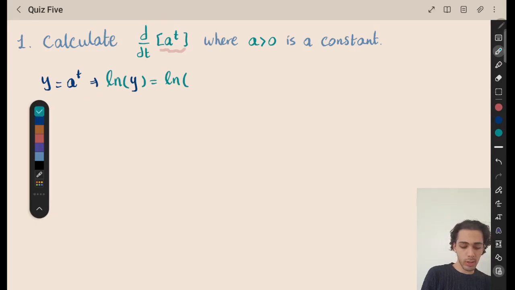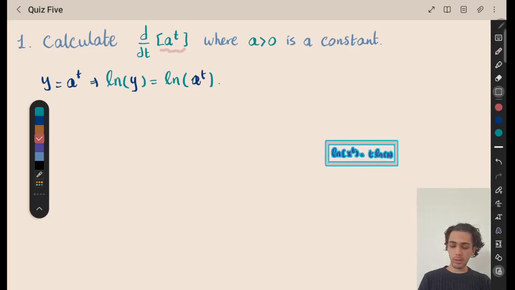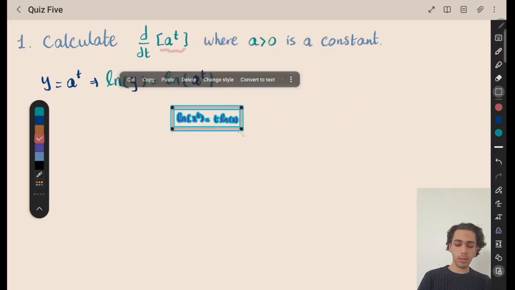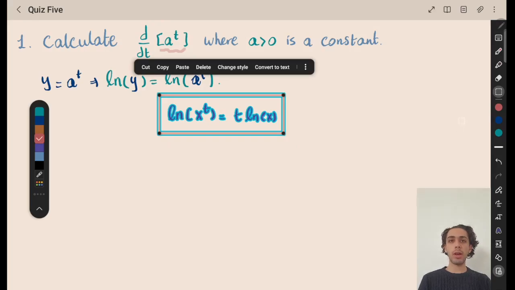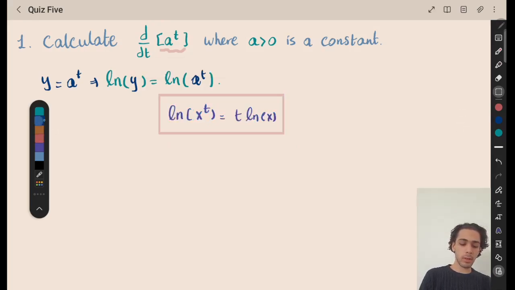So ln of y will be ln of a to the t. But then this is nice because I can use one of the properties of the logarithmic function, which tells you that if you have ln of x to the something, you can just bring out this something as a coefficient.